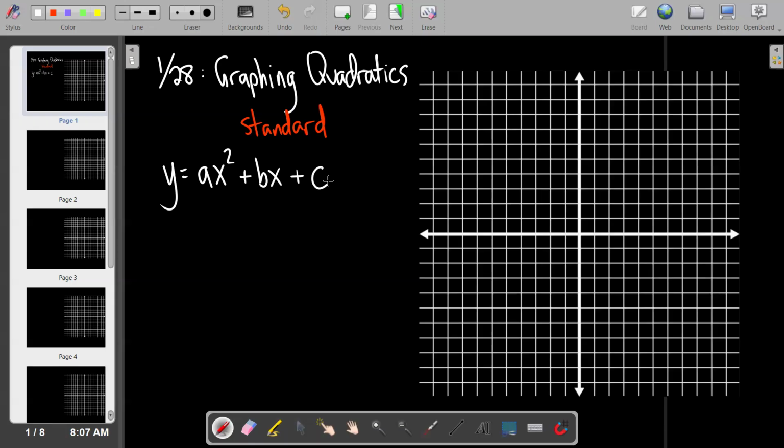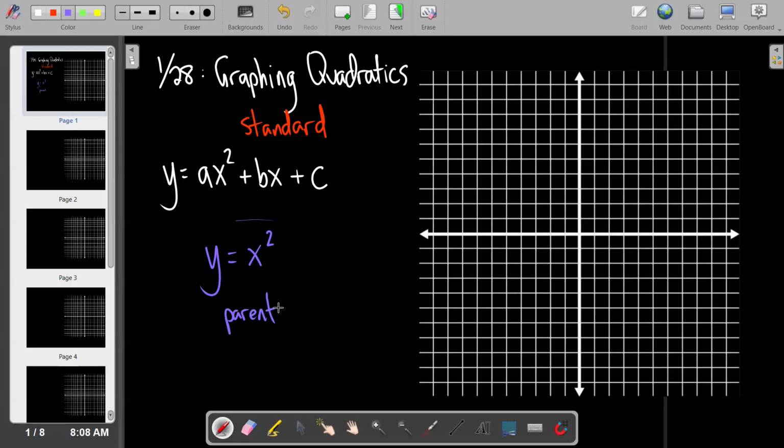So the first example, I've got these lined out, is this one. Every quadratic that we graph will spawn from this. This y equals x squared is called the parent.